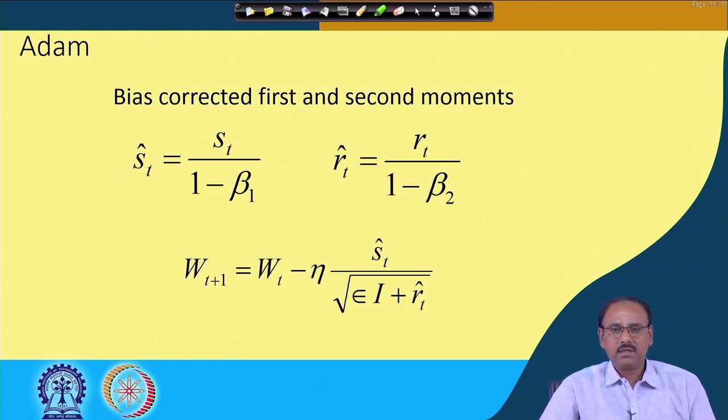So you find that this is nothing but similar to your RMSProp algorithm, where this Adam algorithm incorporates bias correction operation, and it also incorporates the first moment in the update step. So this is eta times St hat, where St hat is the first moment of the gradients. So this is your Adam optimizer, which optimizes the gradient descent operation.